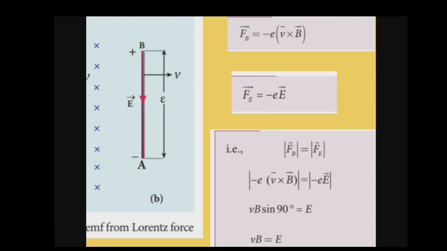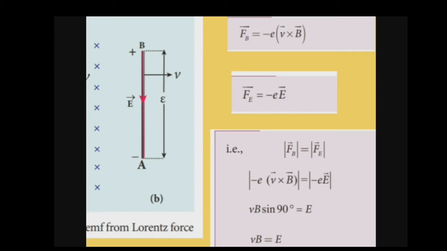So -e cancels. v vector × B vector is equal to vB sin θ. Here θ is 90 degrees, so vB sin 90 degrees is equal to E. Sin 90 is equal to 1. We get vB. So vB is equal to E.